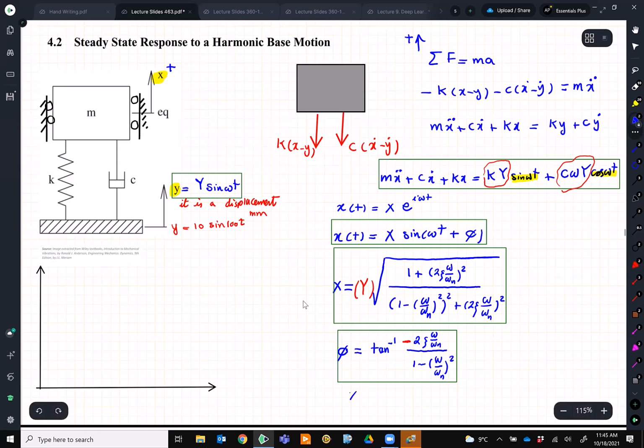The way that we usually write it, X over Y is equal to the square root of (1 plus (2 zeta omega over omega n) squared) over ((1 minus (omega over omega n) squared) squared plus (2 zeta omega over omega n) squared).